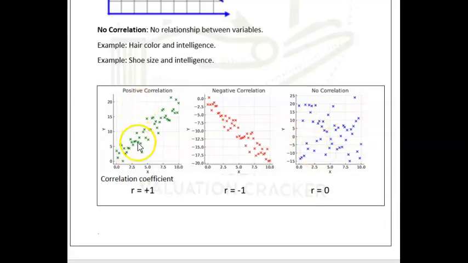In perfect positive correlation, the correlation coefficient R is equal to +1. Correlation coefficient is denoted by R. Negative correlation coefficient is -1. In no correlation, the coefficient is 0.